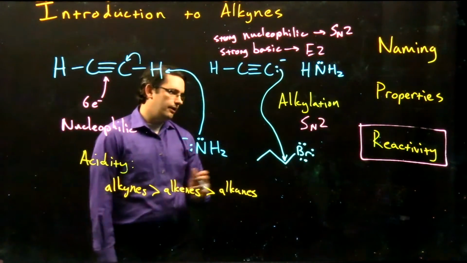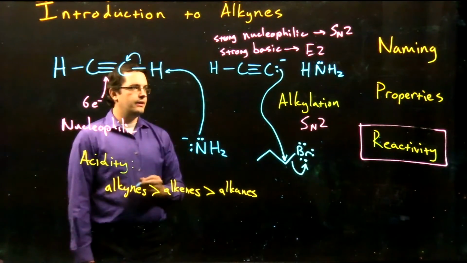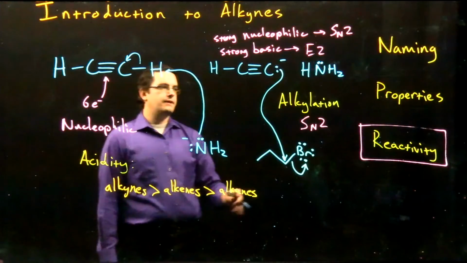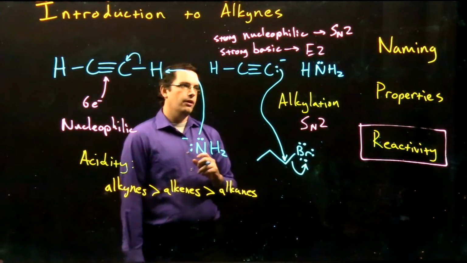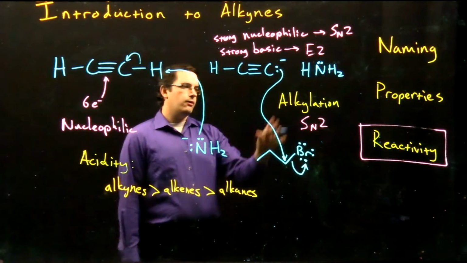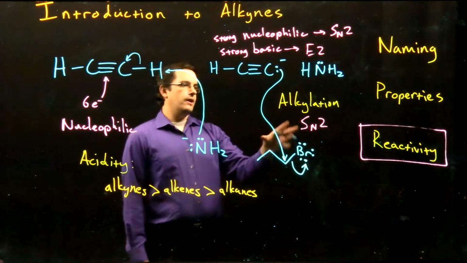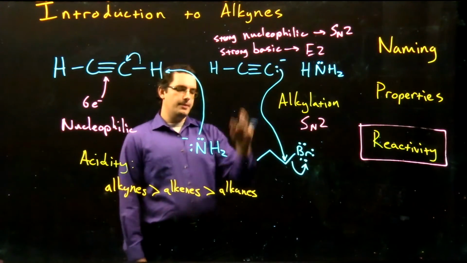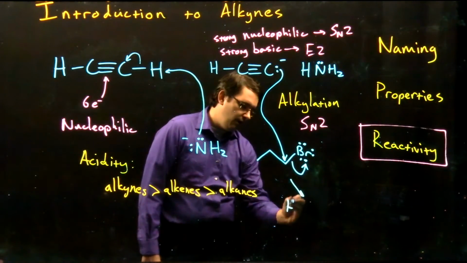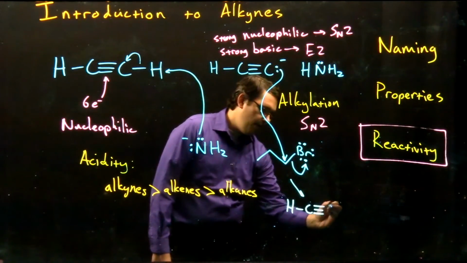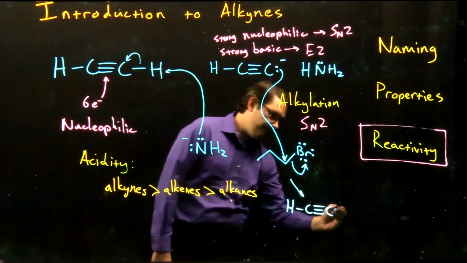This would be our electrophilic carbon. We can break off our halogen as our leaving group, and we can produce an alkylated product from our initial alkyne. Alkylation, of course, alkyl refers to a carbon-based branch, and so in our alkylation reaction we're going to be adding carbons on here. Our end product would be our alkyne, but then we form a new bond from our alkyne to our carbon here.